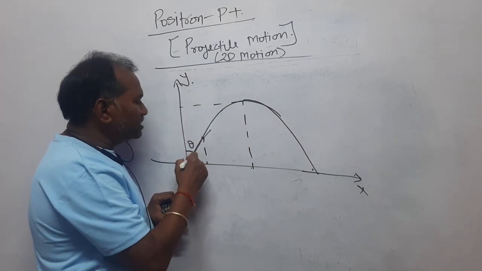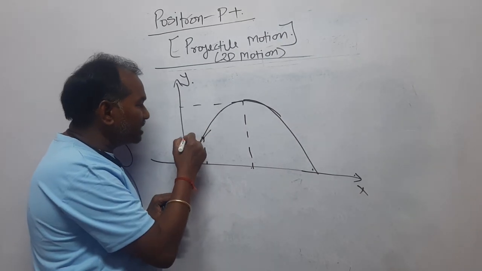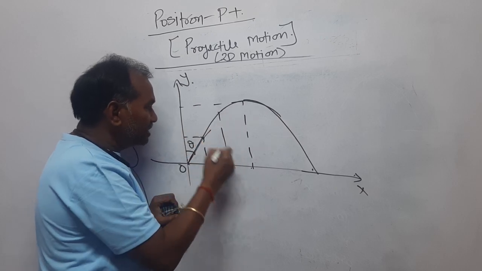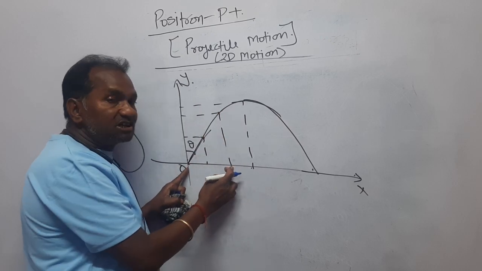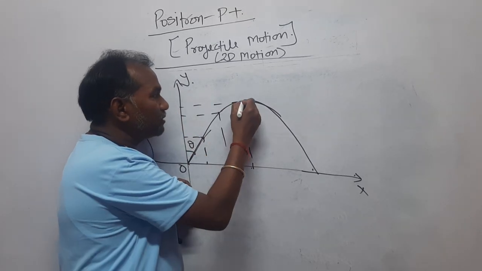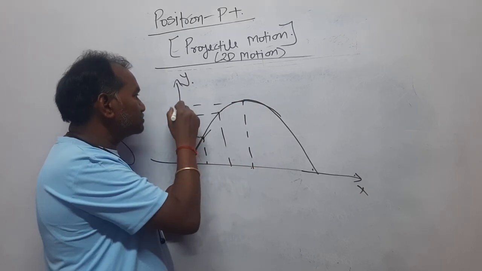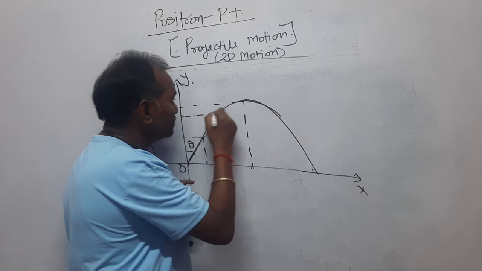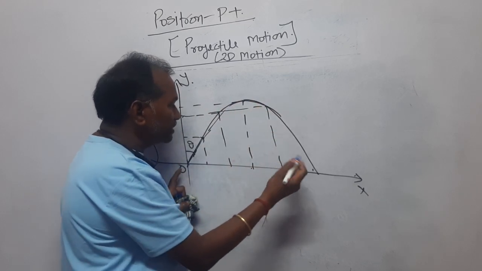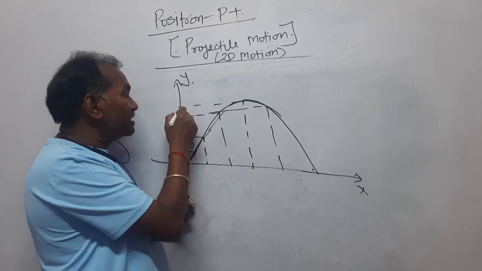Let the body come here in time t. In the meantime, the body travels this much distance on the x-axis and this much distance on the y-axis. When the body is here, it travels this much distance on the x-axis and this much on the y-axis. When the body is here, it comes in this way, and in the meantime it travels this much distance on the x-axis.